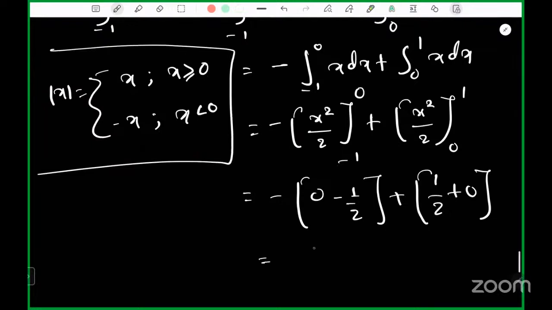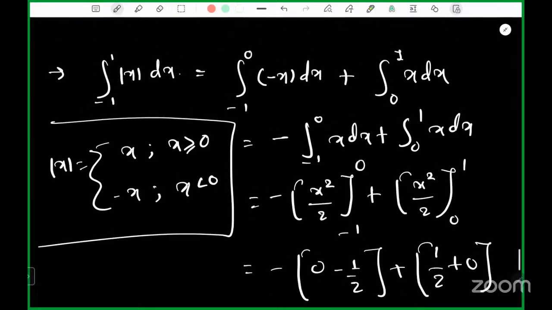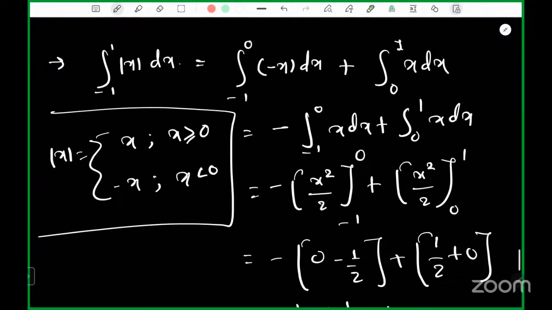I'm just doing the computation. Okay, 1 by 2 plus 1 by 2, 1. So that's how we can find out the integration of a piecewise function too. Decompose the limit according to your expression. If x is there, then use x from the given limit. Use minus x from -1 to 0.